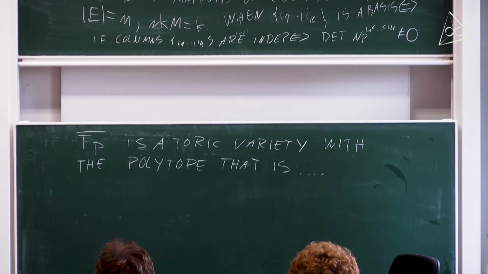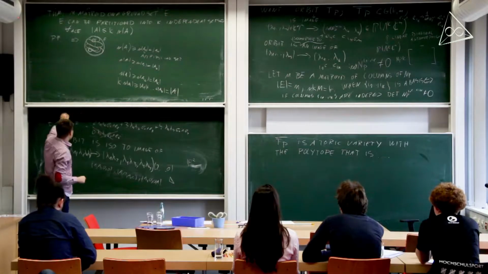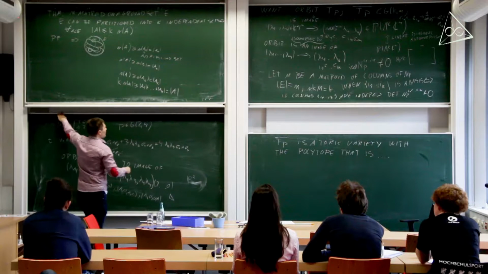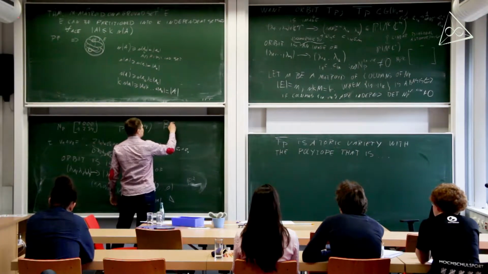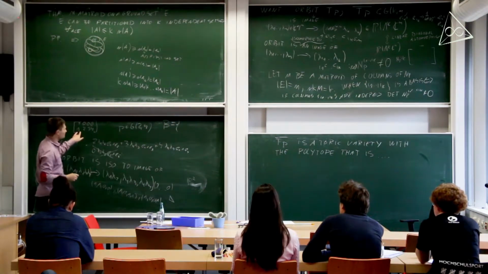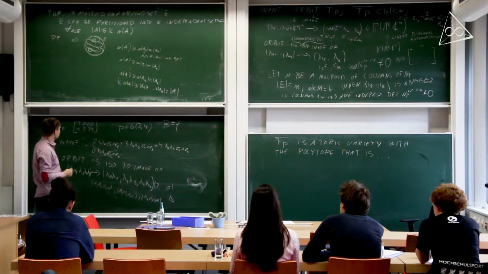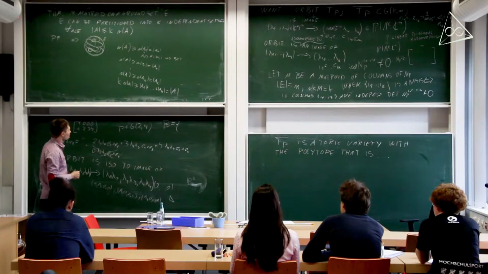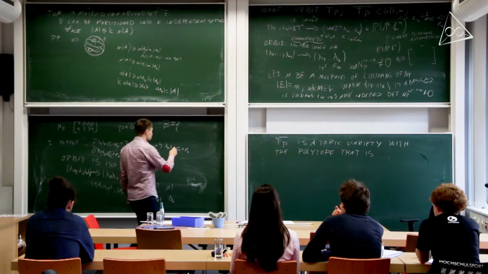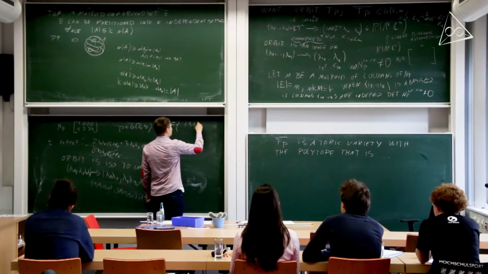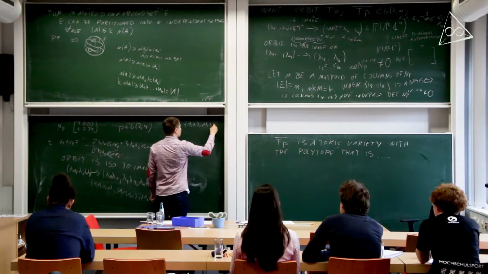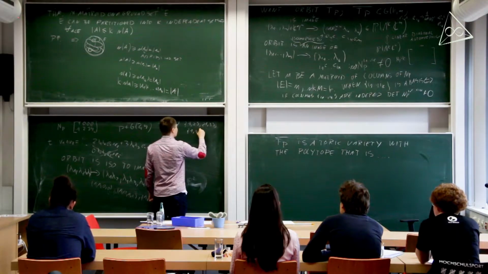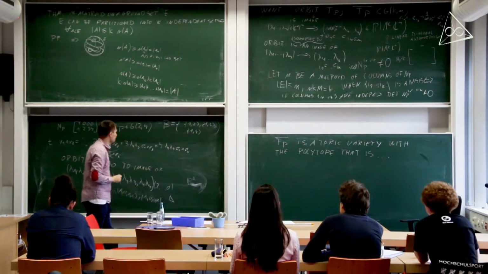Let's do this example. What are the bases of this matroid here? What is the base set here? All sets of cardinality 2, which contain columns. Very good. 1, 2, 1, 3, 1, 4. Yeah? This is the base set.